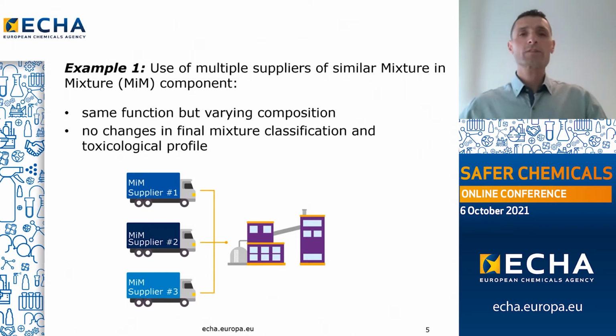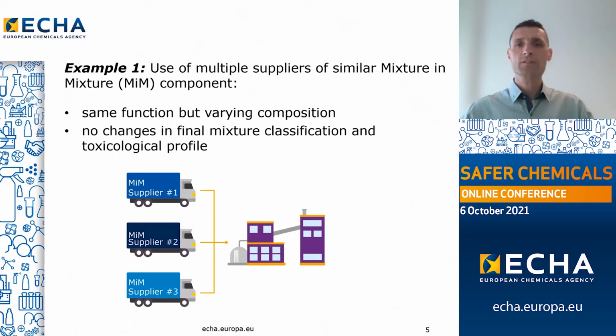Just to give a brief example, one of the most common cases when this solution may apply is when a company uses a different supplier for a component, for instance, a mixture which is not exactly the same from a chemical point of view, but has the same function in the final mixture. So there are no changes in the technical specification of the final mixture.